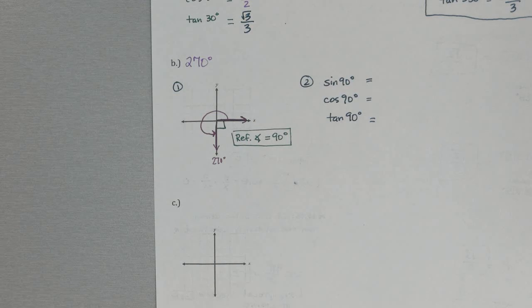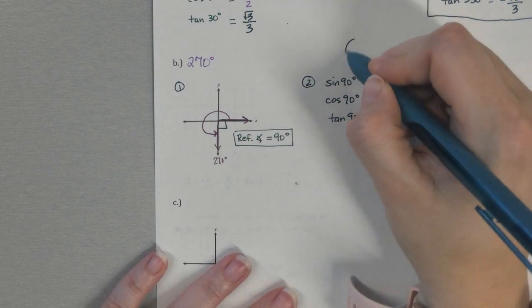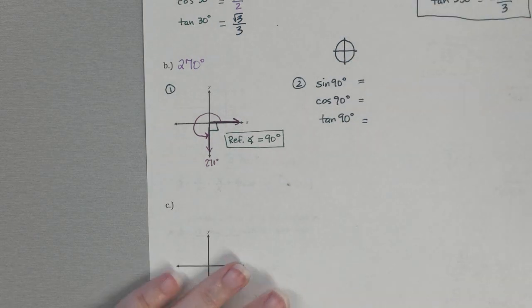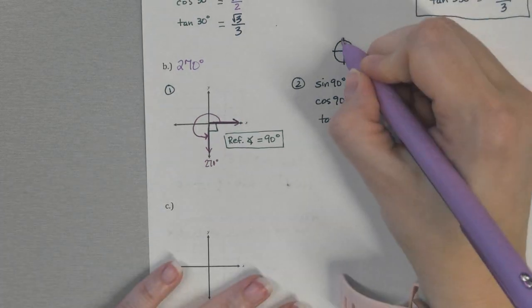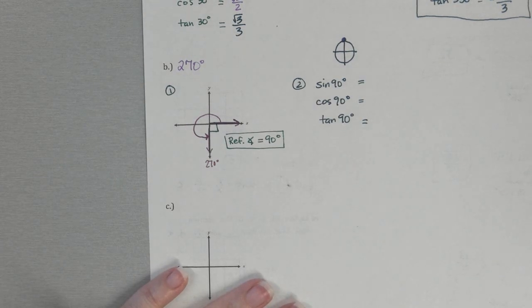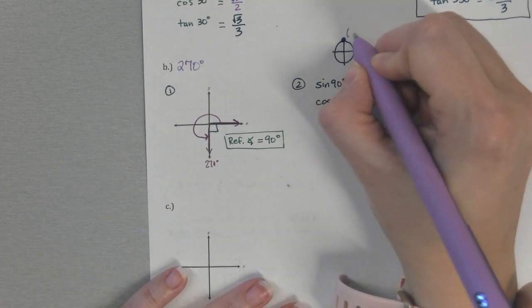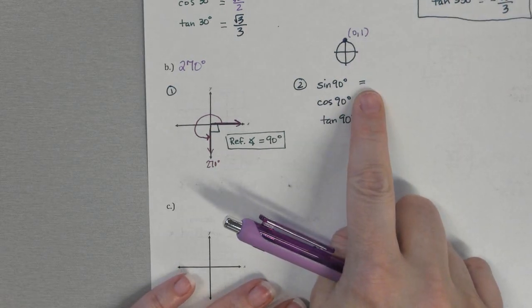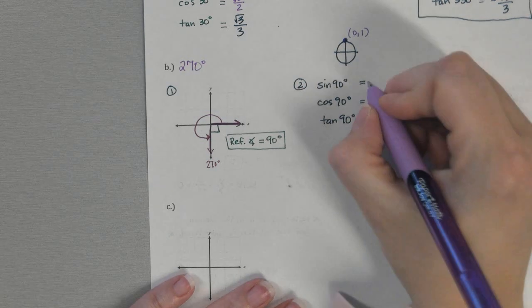So when we do that, it is helpful to think about your circle and where 90 is. 90 degrees is at the very top of the circle, right? What is that point? 0, 1. Okay, so the sine would be what? 1. Good.